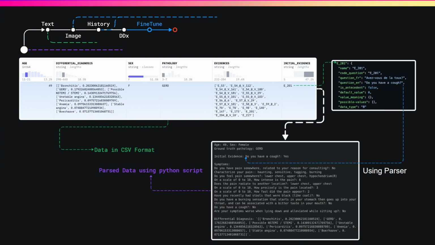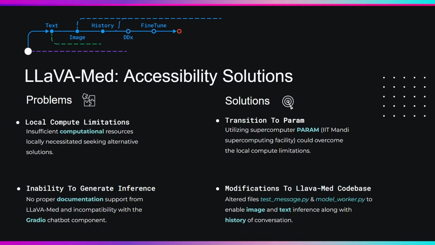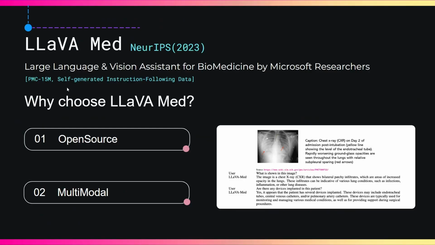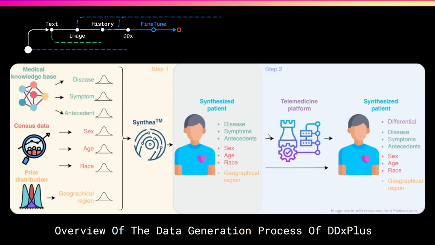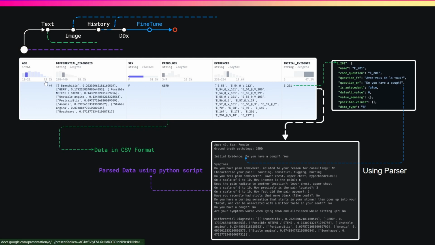So this was the DDXPlus dataset, but we wanted to use it to fine tune LLaVA-Med. But as I showed you earlier, that is a conversation type of data set consisting of sequential conversations, whereas this DDXPlus data set consists of different columns, one having several evidences encoded as E53 and so on, and an initial evidence E201.